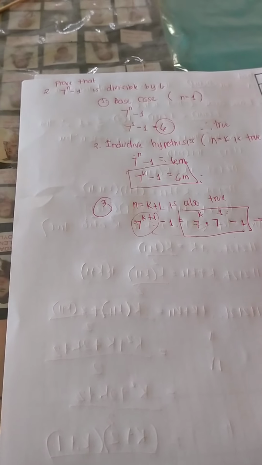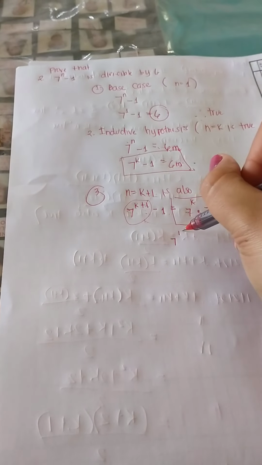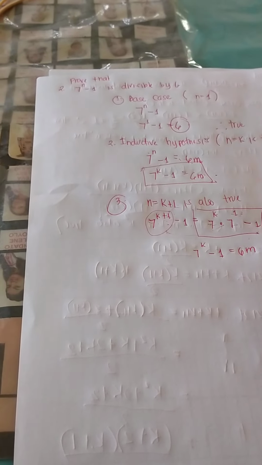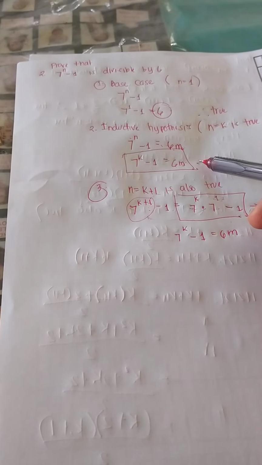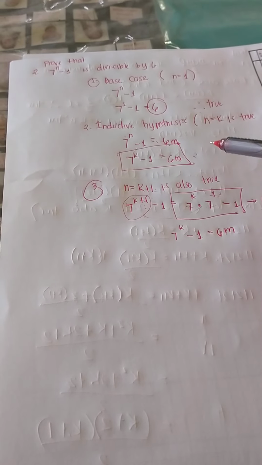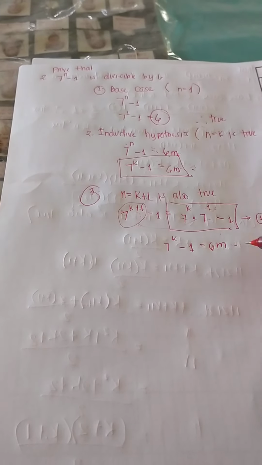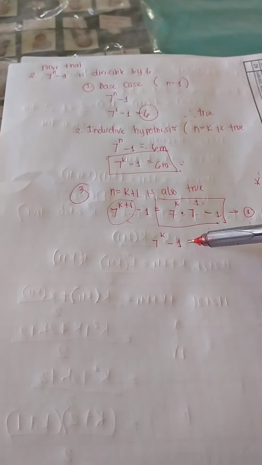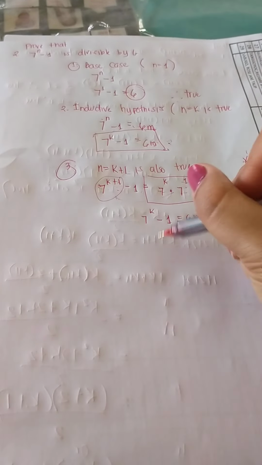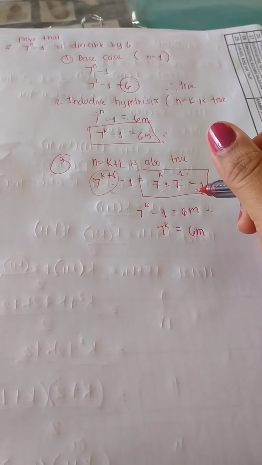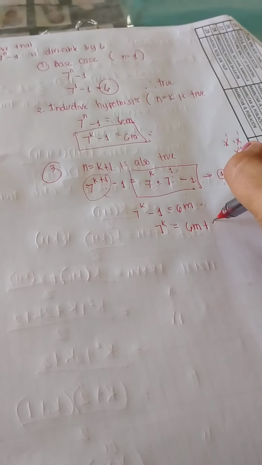Next, this comes from the inductive hypothesis: 7 to the power of k minus 1 equals 6m. This comes from hypothesis number 2, the inductive hypothesis. This is what we take for equation number 2. Then we substitute equation 2 into equation 1. So 7 to the power of k equals 6m, transposing the negative 1, plus 1.